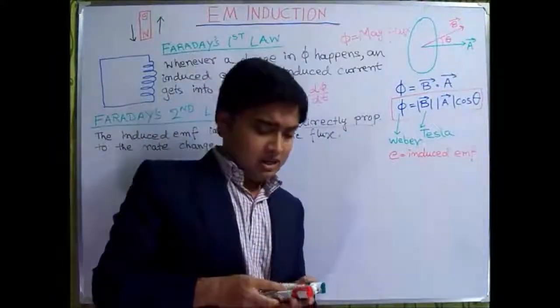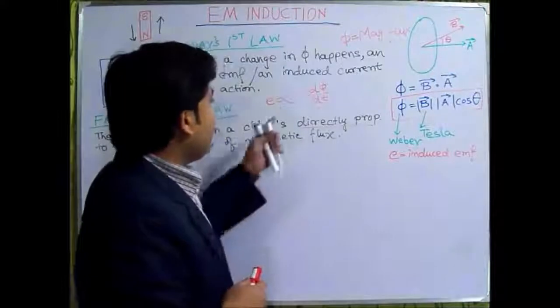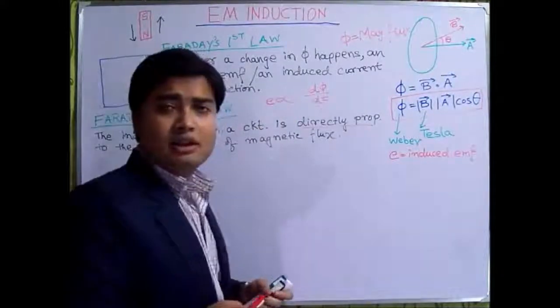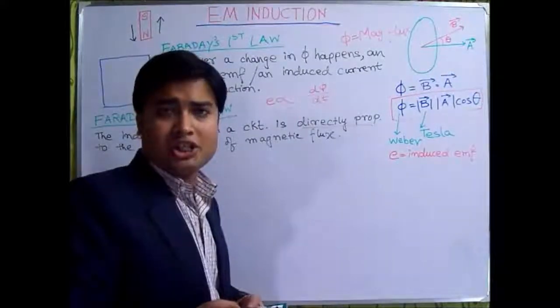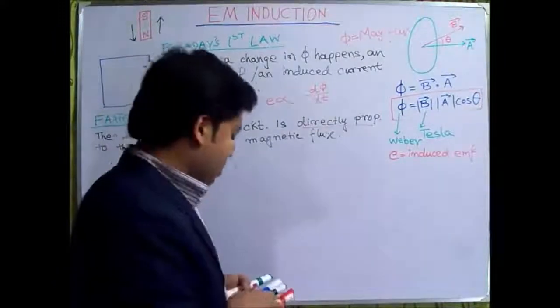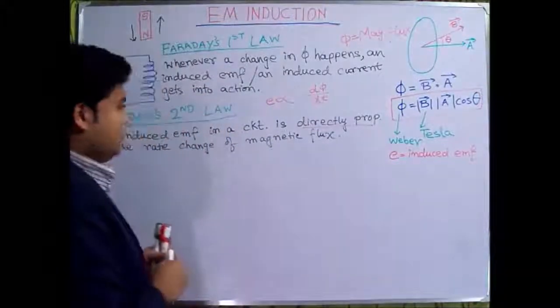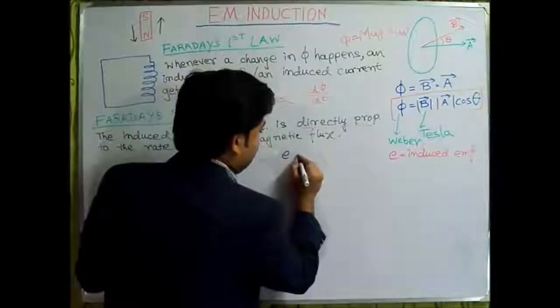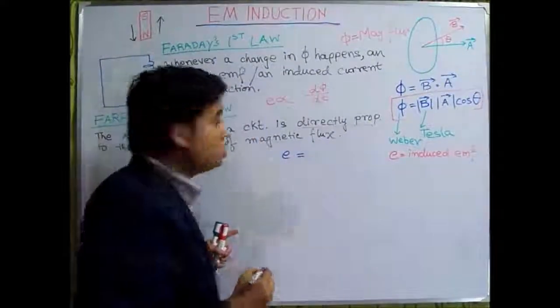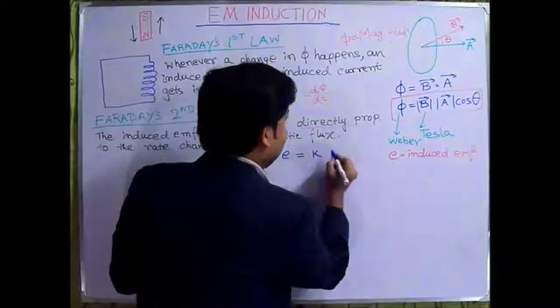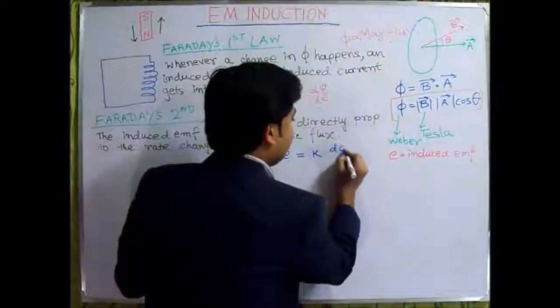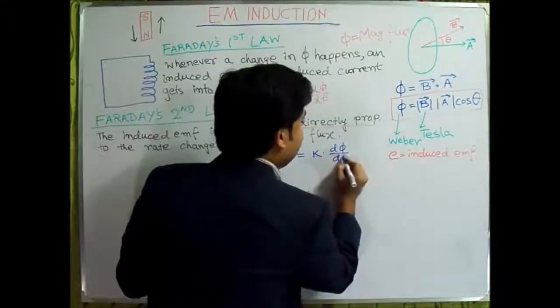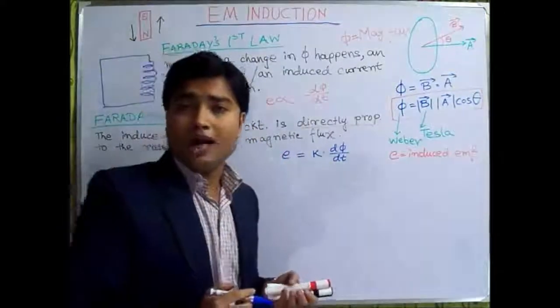But if we want to change this proportionality constant into an equality constant, we could take it as E equals K of d phi by dt, right?